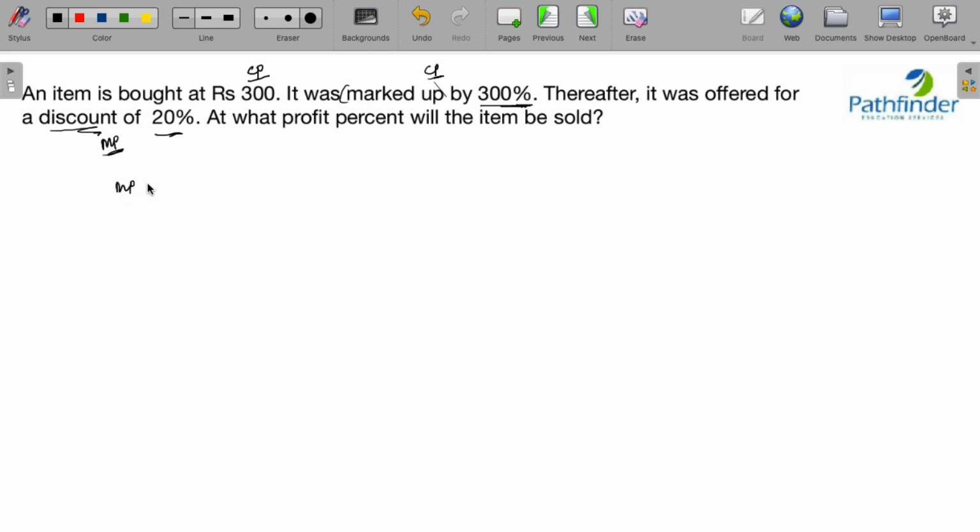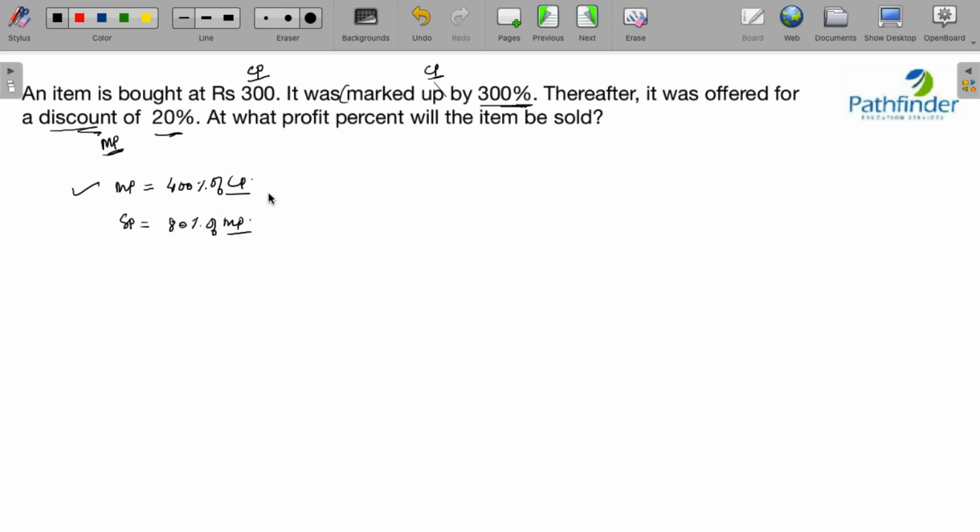So instantaneously you should be able to write down an equation like marked price is 400% of cost price. Now this equation should be almost instantaneous. And similarly, you should also be able to write down, because discount is 20%, selling price is 80% of market price.